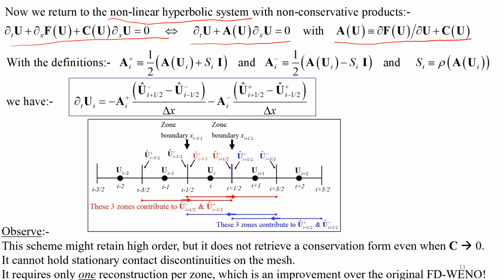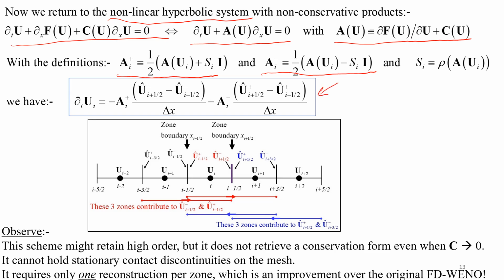And now you can go ahead and define A plus associated with zone I, and you can define A minus associated with the zone I. And therefore, you can upgrade the scheme that we had before, which was that scheme that we saw in the previous transparency, into this scheme out here.